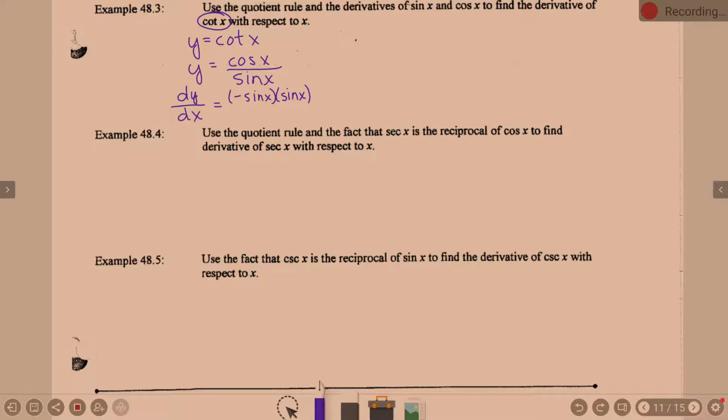And then quotient rule always says we subtract the derivative of the denominator. So derivative of sine x is cosine x times the numerator of cosine x, all over sine squared x, which is our denominator.